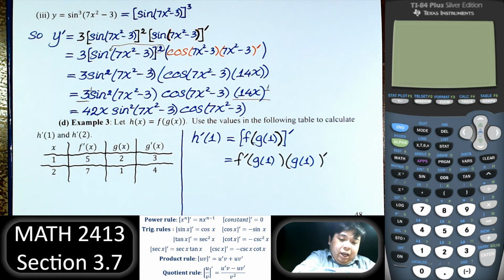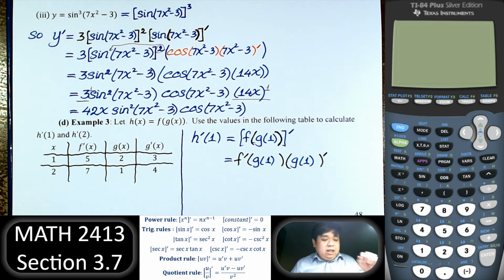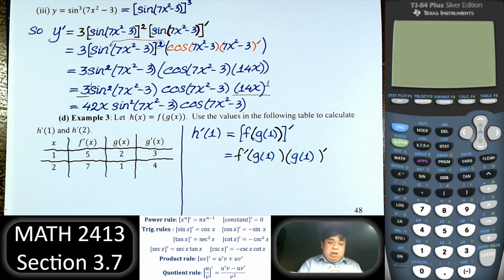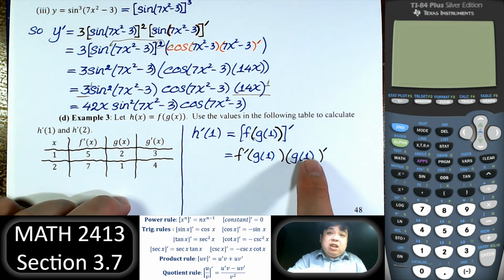If we write it like that, it'll be a little confusing, because if you say the derivative of g of 1, it is a constant, and the derivative of a constant is equal to 0. So writing it like that is not right. It is rather confusing. So don't write it like that, because that is just a constant.